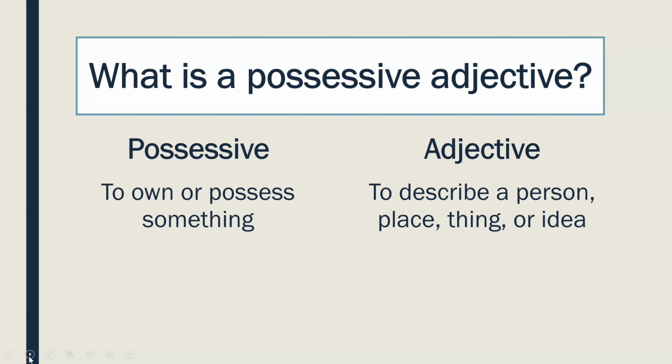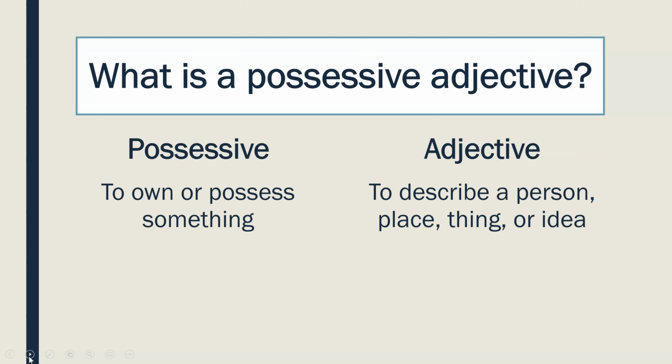Maybe you buy something. For example, if I go to the store and buy a new computer, I give them money, and now the computer is my computer. That's possessive. I'm the owner of the computer. That's what we're looking at, the word possessive.